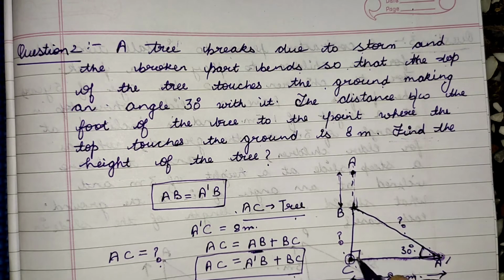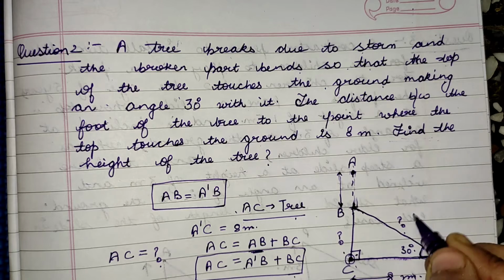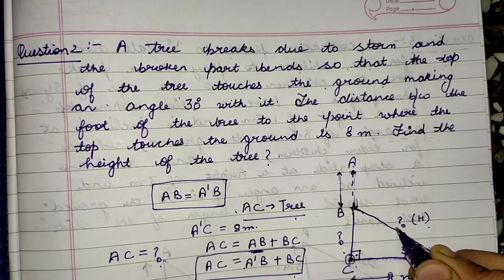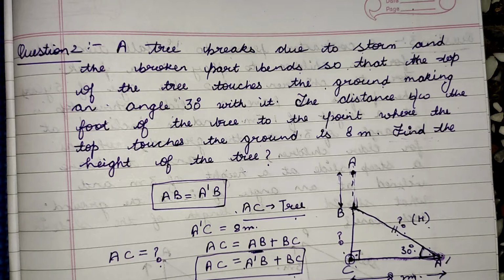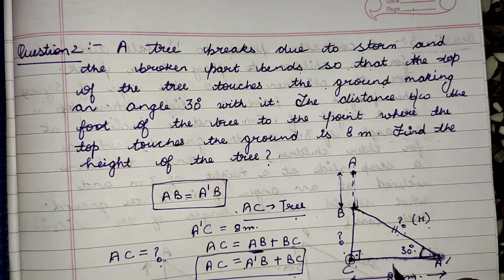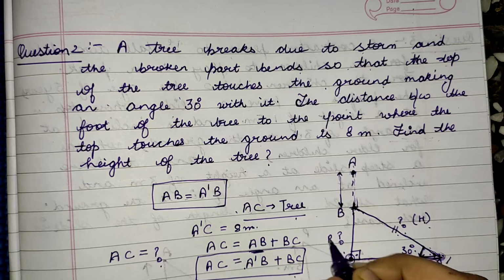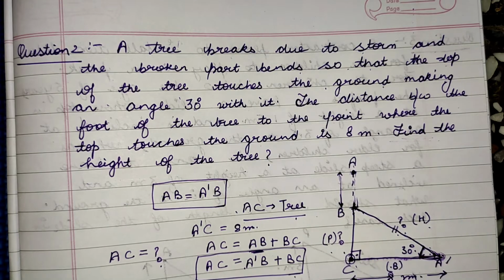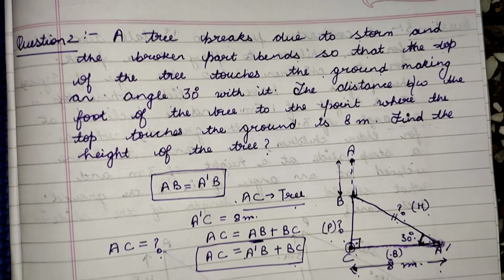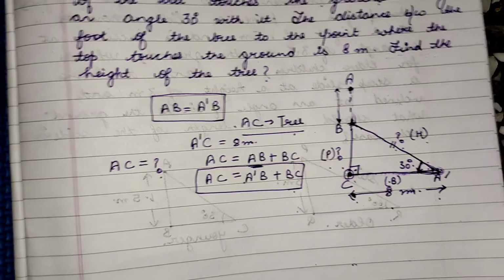Okay, so again you can see that this is our 90 degree. So corresponding side is going to be my hypotenuse and this is going to be my base, because angle is always formed between hypotenuse and base, and this is going to be my perpendicular. Okay, so what trigonometric ratio I can use?